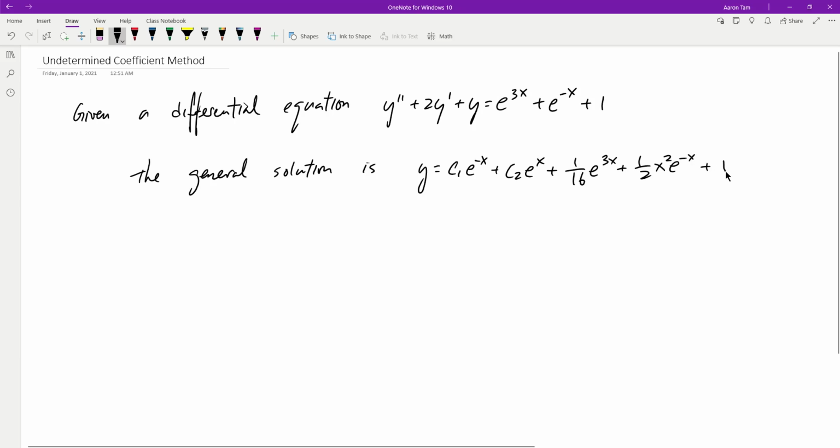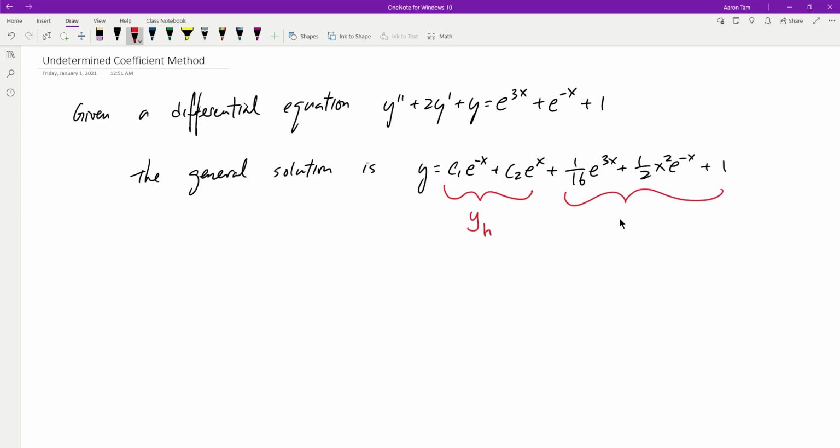So what I want to talk to you about first, before we actually get into the method, which is titled at the top, Undetermined Coefficient Method, is to understand how the solution is constructed. In this expression right here, notice that this is my y sub h, that is my homogeneous solution.